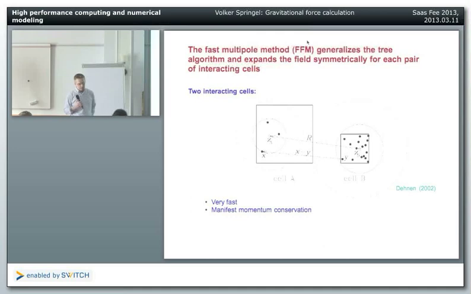And then again, if the force errors are systematic, if you're unlucky, your system might gain momentum systematically in whatever direction. And this can have, in some situations, disastrous consequences. Not necessarily so, but it's not particularly nice. This fast multipole method avoids that, and it, in principle, can have manifest momentum conservation.